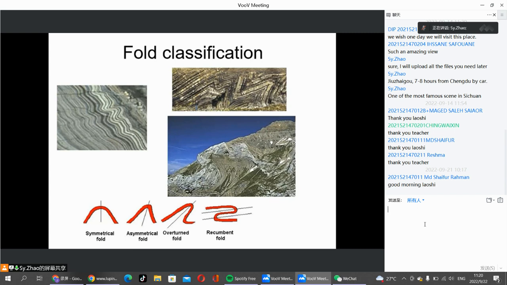Okay, and the recumbent fold refers to the fold with a nearly horizontal axial surface. Okay, this and some other fold classifications.